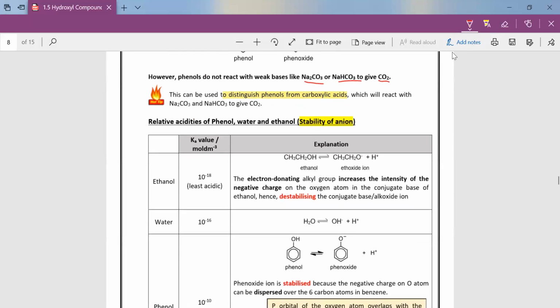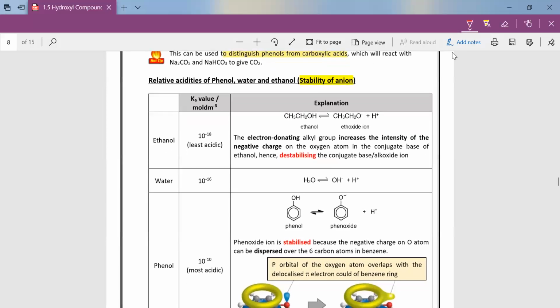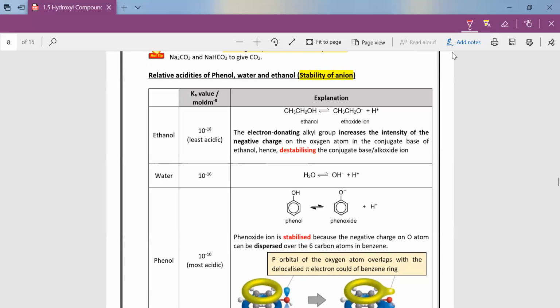Okay, so we will need to know how to describe the relative acidity of phenol, water, and ethanol. So you have your table which explains the relative acidity of phenol, water, and ethanol.